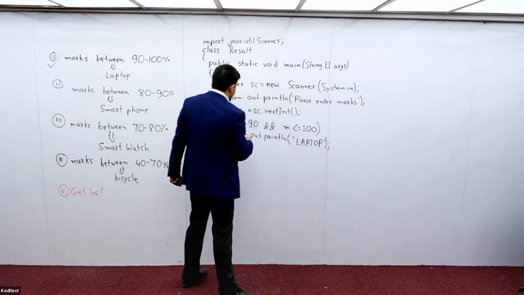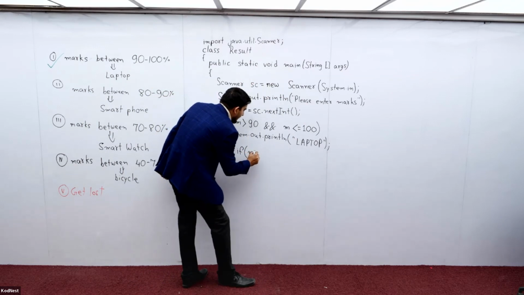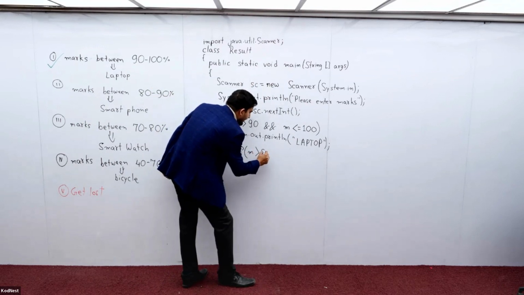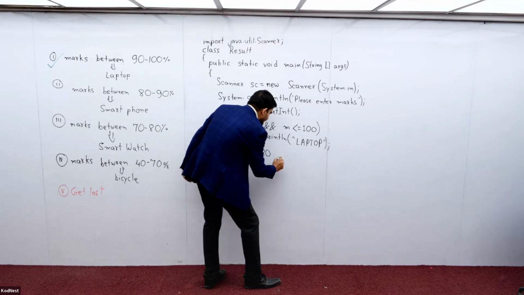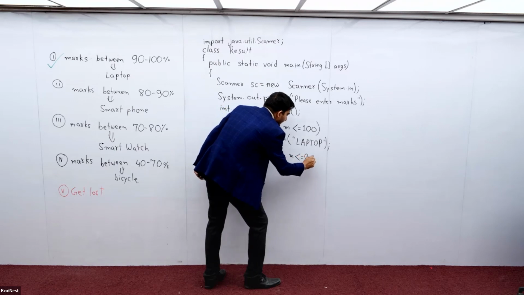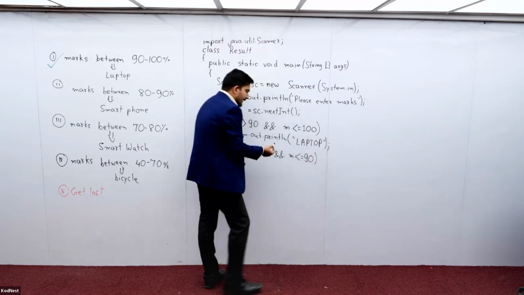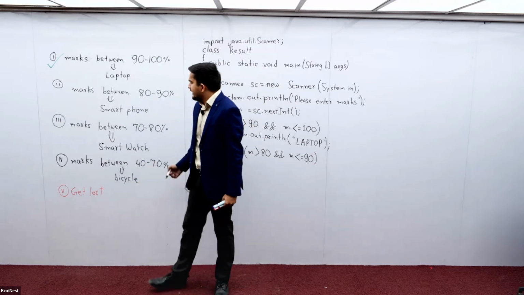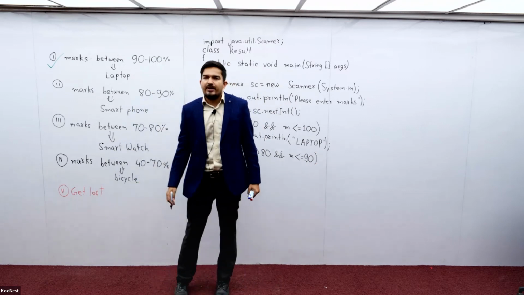So maybe I'll say if marks happen to be greater than 80 and marks happen to be less than or equal to what? 90%. In such a case, what are we going to print? In such a case, we are going to print smartphone.